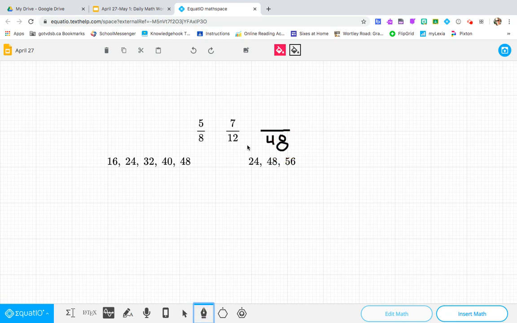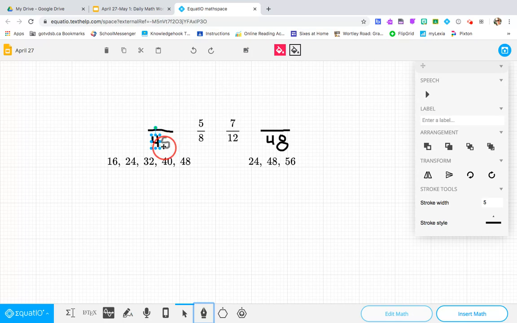There we go. We also know that we can write 5/8 as an equivalent fraction with a denominator of 48. So let's go ahead and do that.